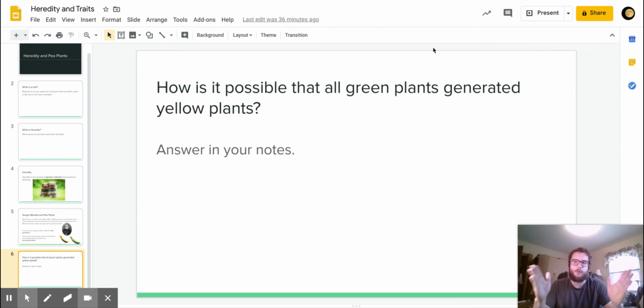When those two halves come together, obviously they make one whole, but they also can combine in a number of different ways. So even though my mom has brown eyes, I don't necessarily get brown eyes from my mom. It's not a guarantee. My dad has blue eyes. I don't even have blue eyes. So I have a combination of the two.